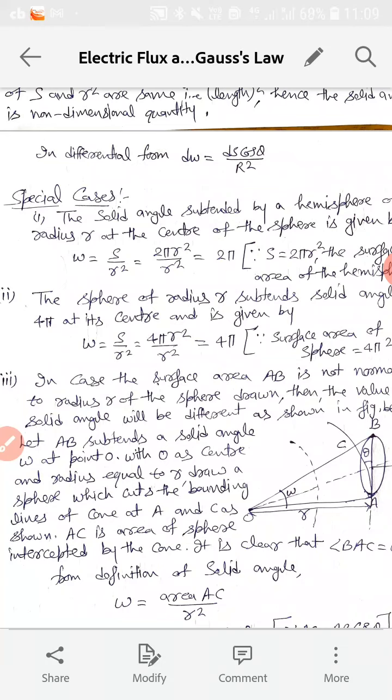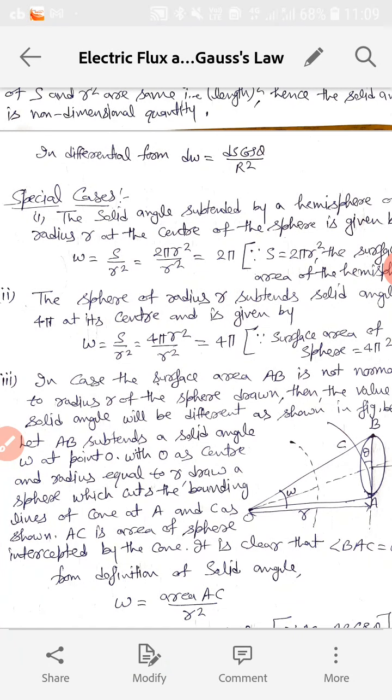And the third case is this: suppose we have a surface area AB which is not normal to the radius R of the sphere drawn. Okay, the area which we have considered is not normal to the radius R. Then the value of the solid angle will be different as shown in the figure.